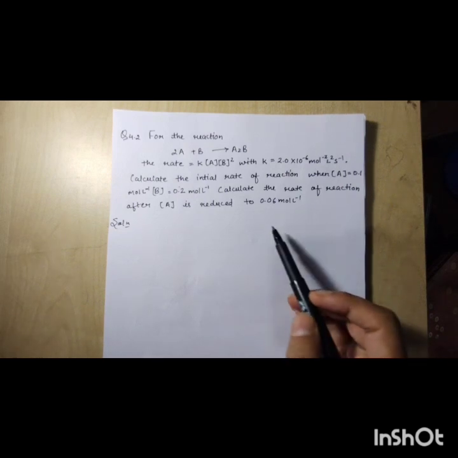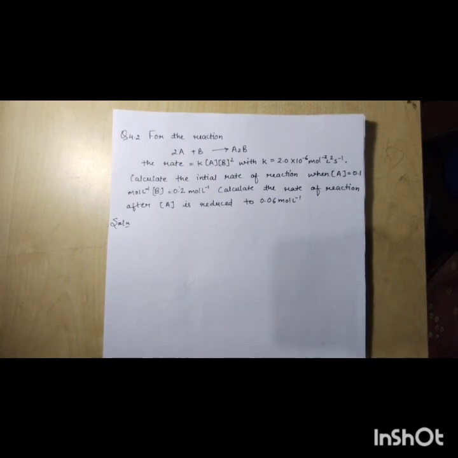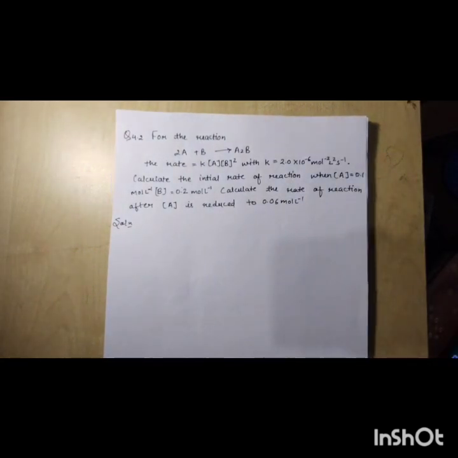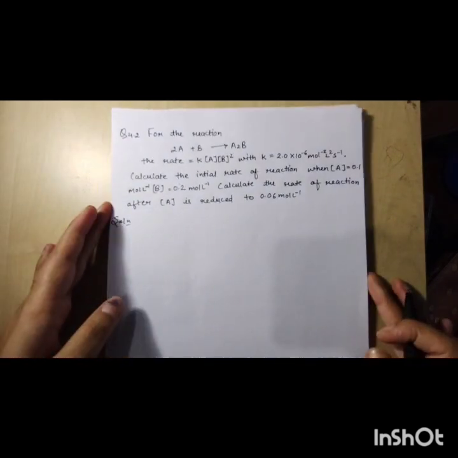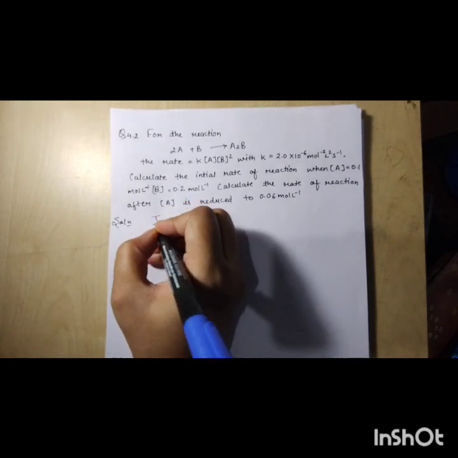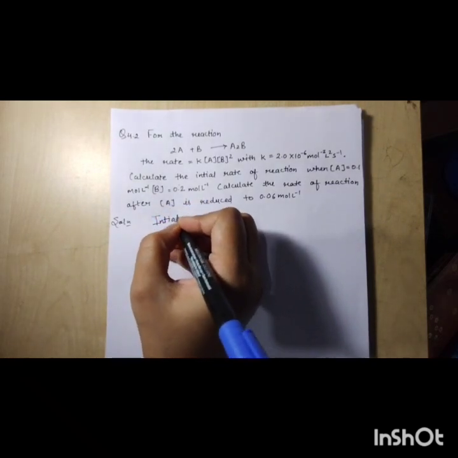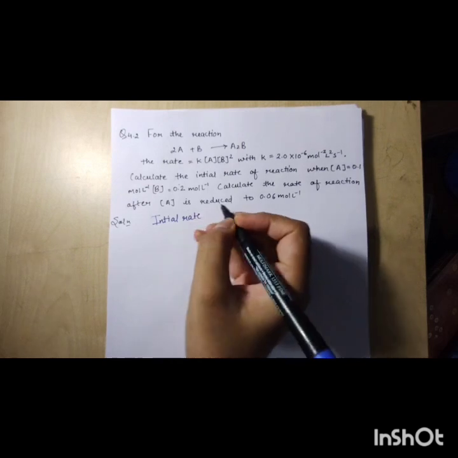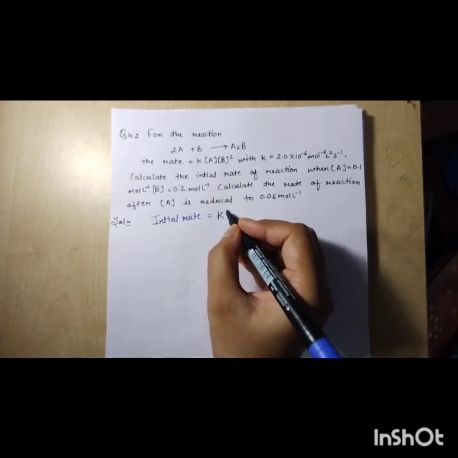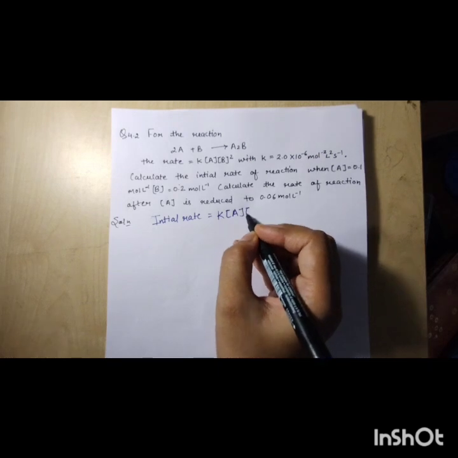So how will this be calculated? As the rate expression is given, first of all we will write the initial rate, that is k[A][B]^2.